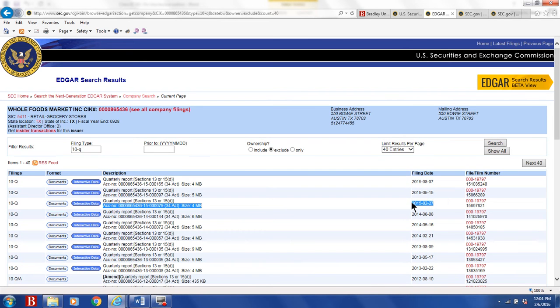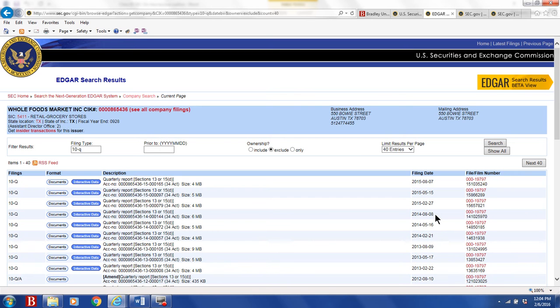One on February 27th, one on May 15th, and one on August 7th. And if you go back to 2014 here, once again you can see one filed in February, one filed in May, one filed in August. So those represent the first, second, and third quarters of the year.